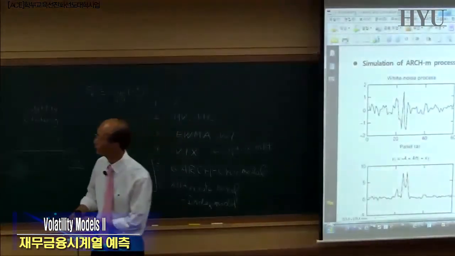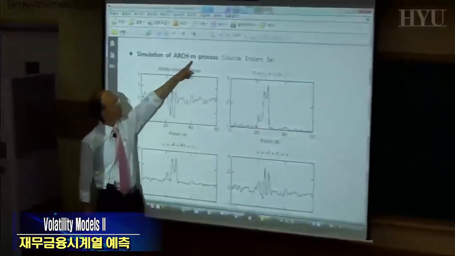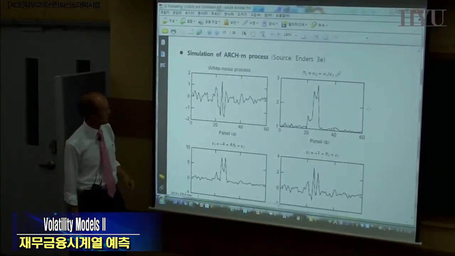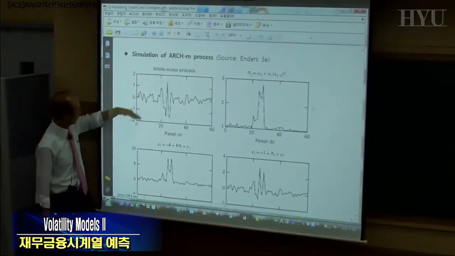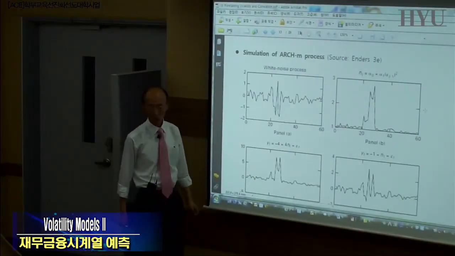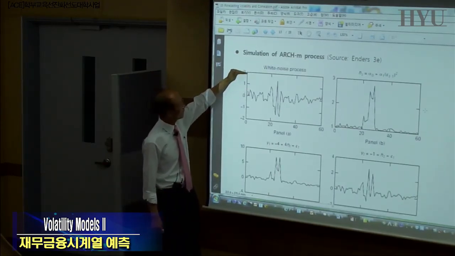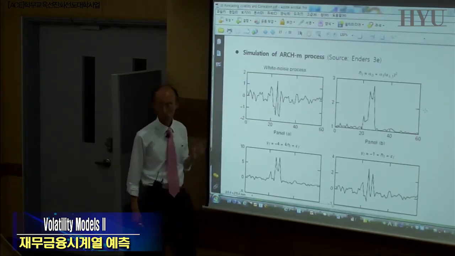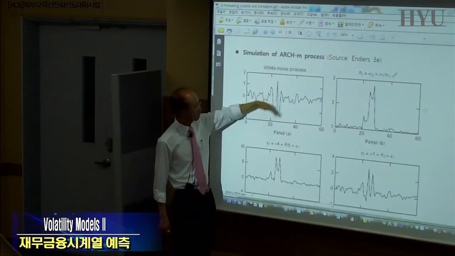Of course, you can also think of the ARCH in mean process. So what we mean by ARCH in mean process: let's say you draw a white noise process from here. Okay. So let's say it could be a standard normal random variate, having mean 0 and lying mostly within the range of minus 2 to 2, right? You just observe this one, but it's not unusual, right?